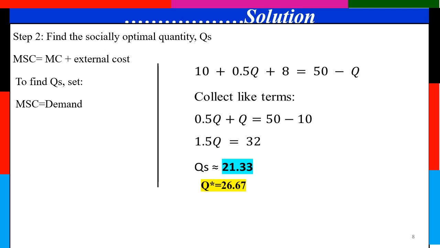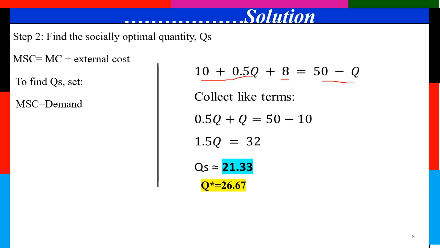This one is the marginal cost, and this is the external cost. Marginal cost plus external cost means social marginal cost is equal to the demand. Demand means marginal revenue, and marginal revenue means marginal social benefit.